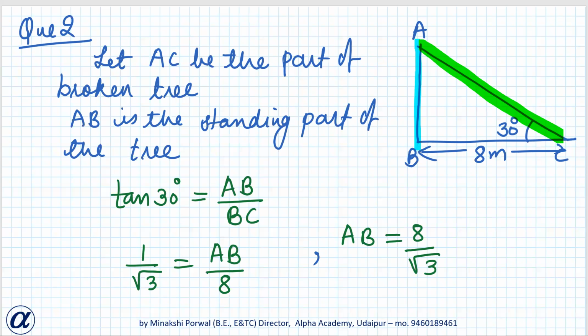So if we want to relate AC and BC, BC is base, AC is hypotenuse, so it will be cos 30 degree equals to BC upon AC.